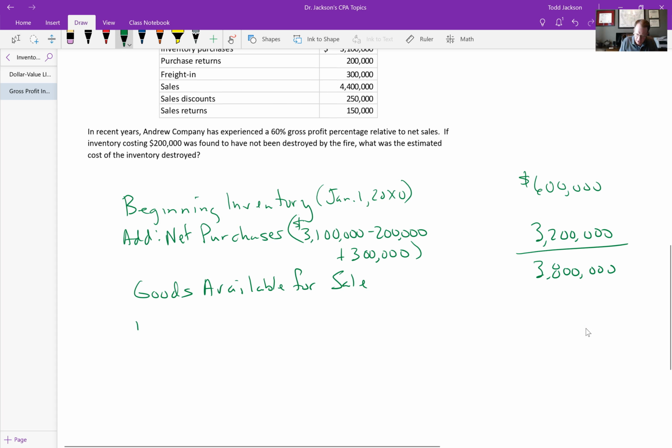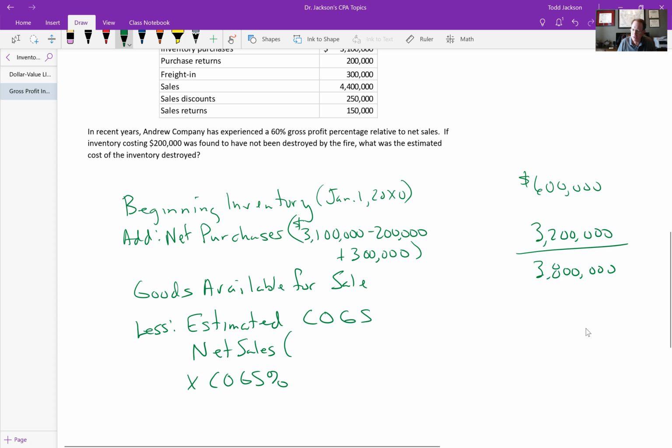We can then subtract an estimate of our cost of goods sold. I'll just say COGS here, estimated cost of goods sold. And as we talked about, we can get that by taking our net sales and multiplying that by our cost of goods sold percentage.